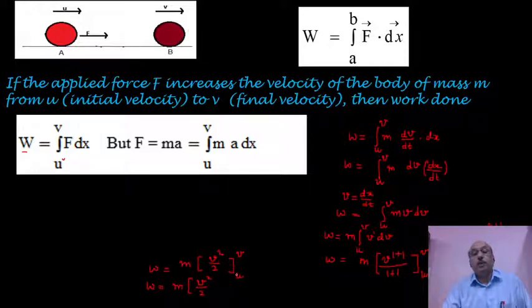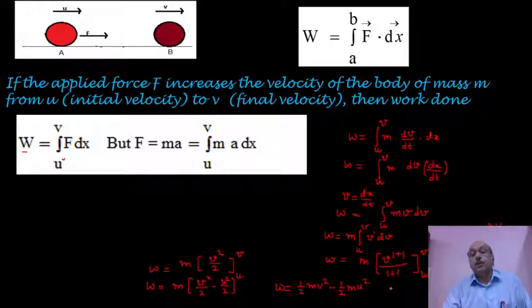And then we write the lower limit, that is u, so it is u squared by 2. And when we put the limit, we have to subtract them. So W is equal to half m v squared minus half m u squared.